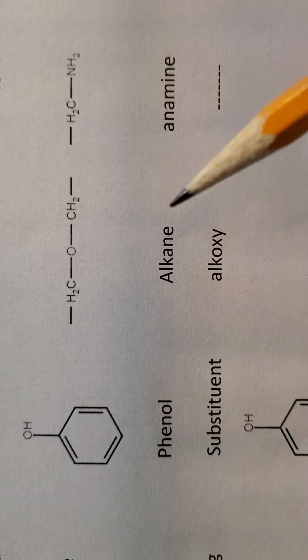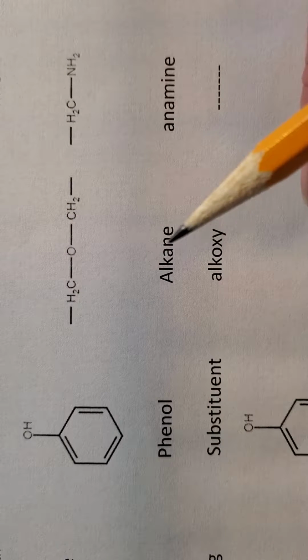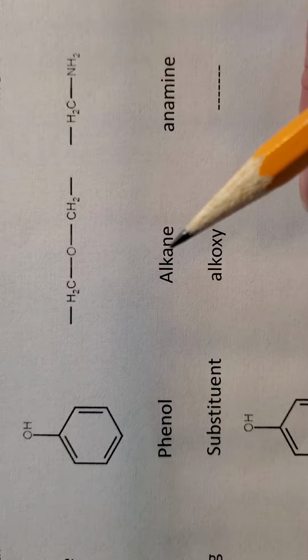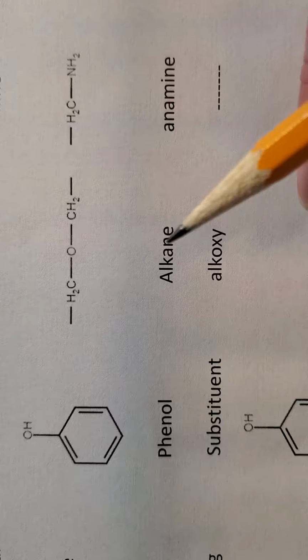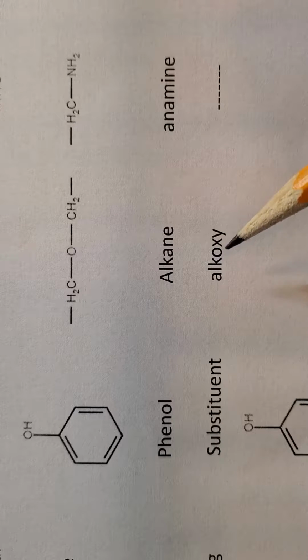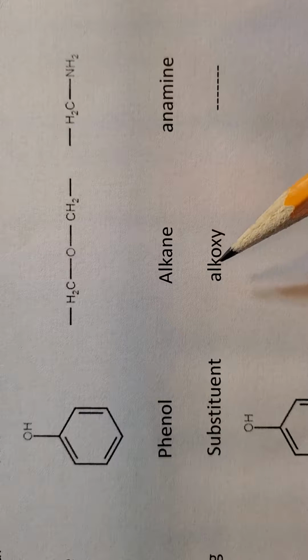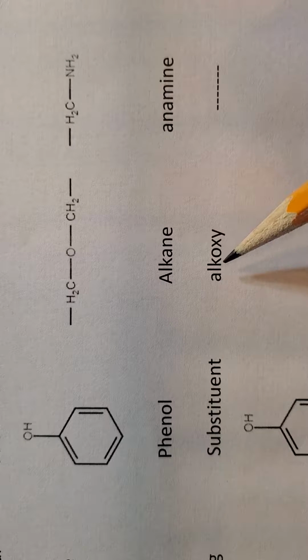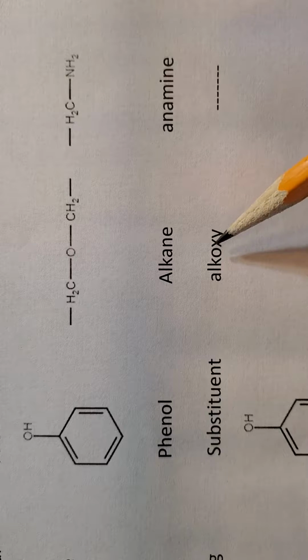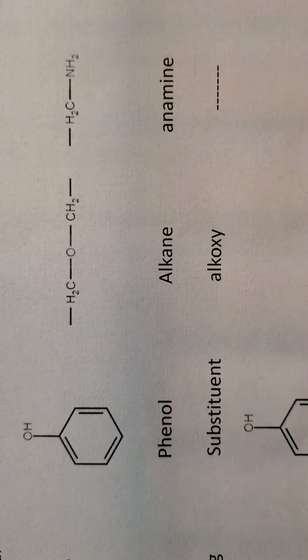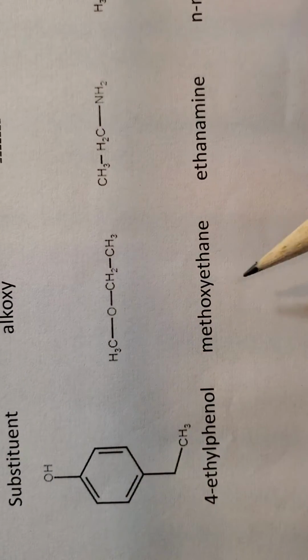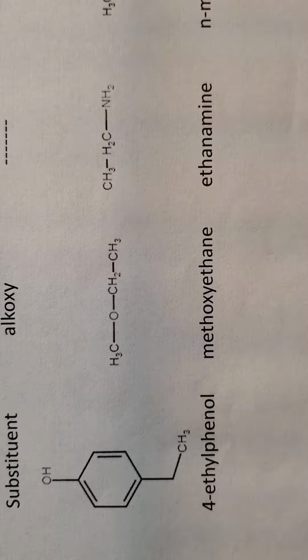And ethers are always named as an alkane. The longest chain gets that alkane name. And the front part of it, the substituent group, is going to be an alkoxy. So here's an example. Here's the alkane, which is ethane, and it's a methyl group, so it's a methoxy. So this is methoxyethane.